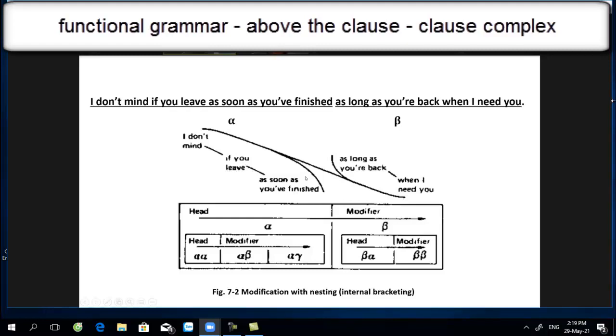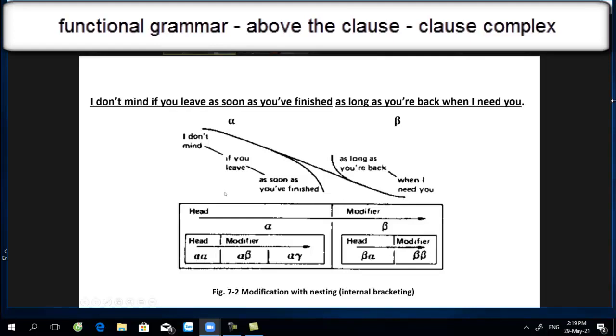As soon as you finish is another modifier for it. And for the second part, the secondary clause here, as long as you're back when I need you, we also have 2 clauses here. So the head is the first one, as long as you're back, and the modifier is when I need you.